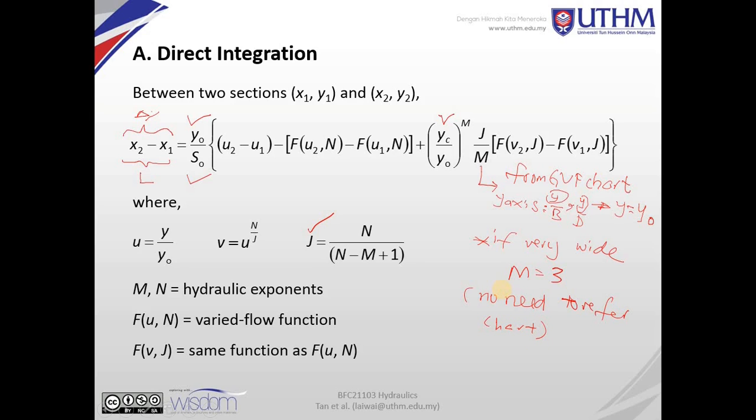Okay, settle with M, and then to conclude for N, and here again N is read from the GVF chart, another GVF chart. However, here if you refer to y-axis, we have the ratio between y over b or y over d.